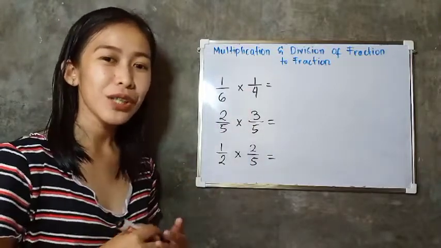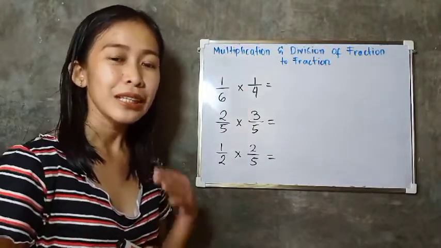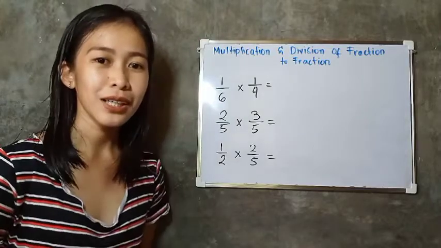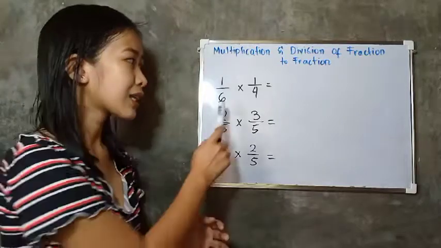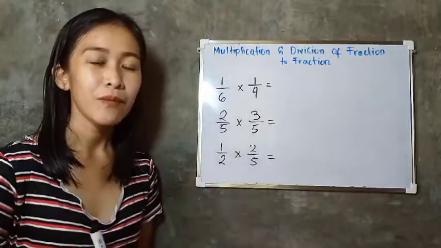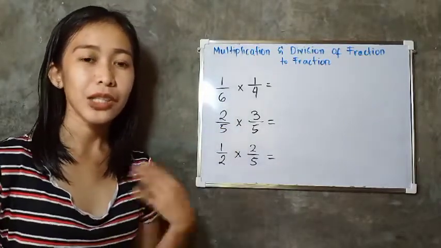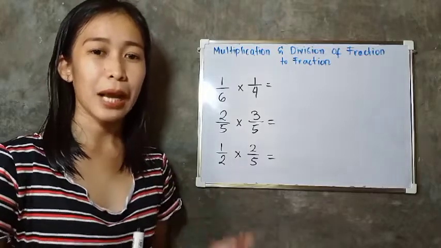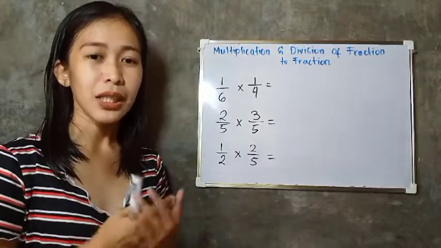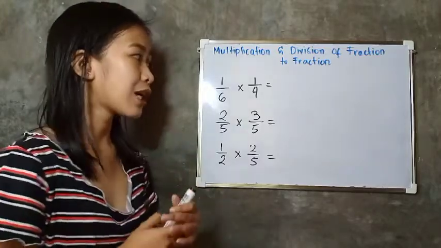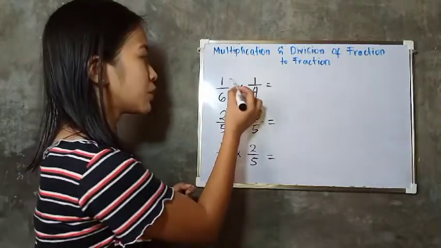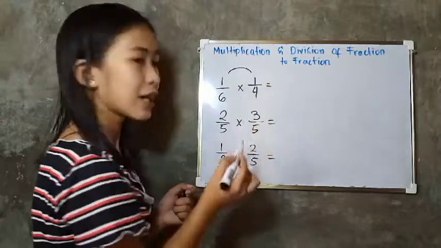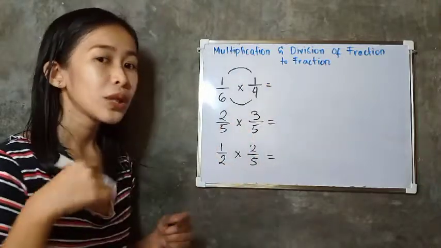What we are going to do is just multiply the numerator to numerator and then denominator to denominator, even if their denominators are different. Unlike in addition and subtraction, where we need to find the LCD. But in multiplication of fractions, it is direct, alright?